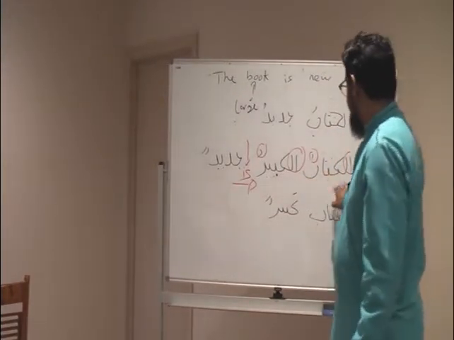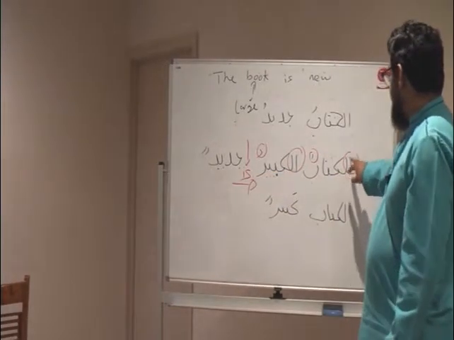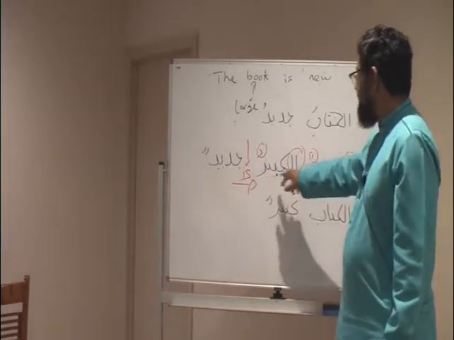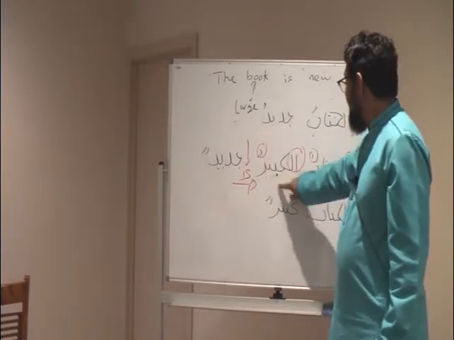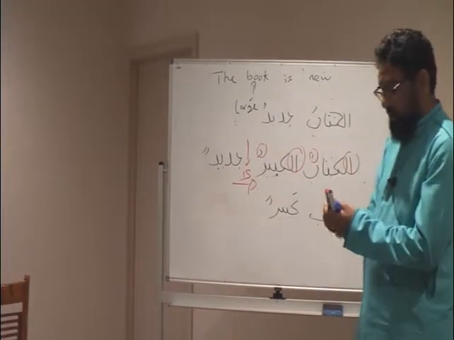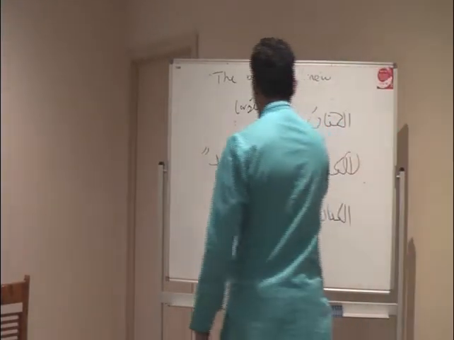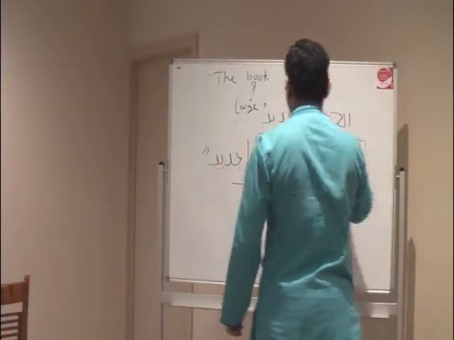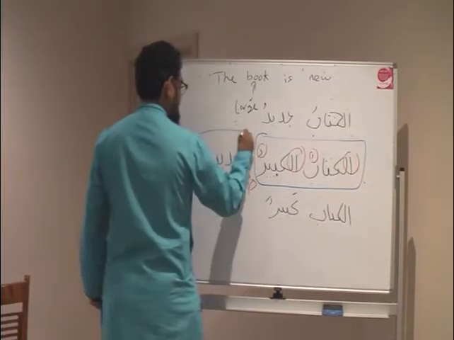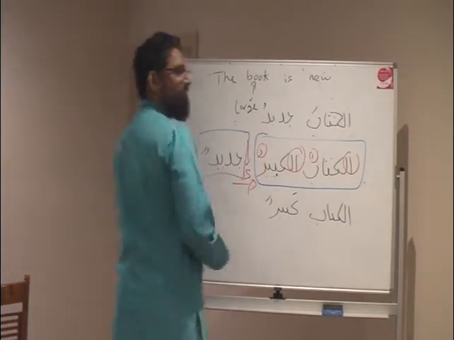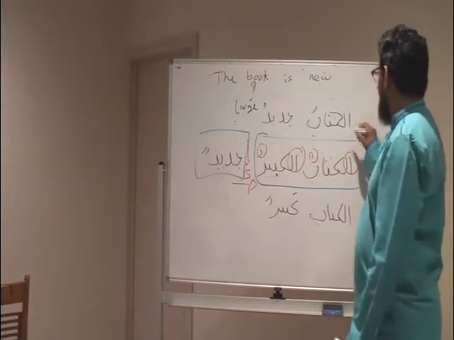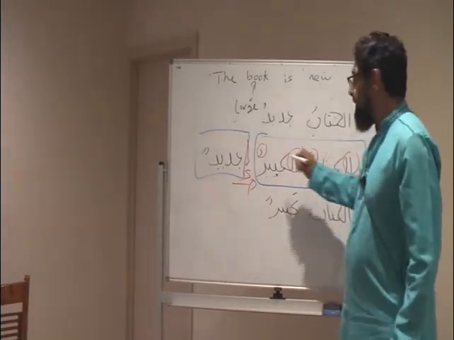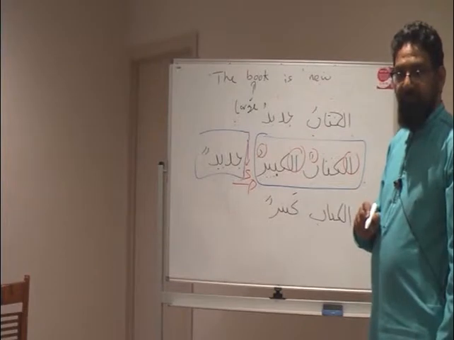In this example, al-kitabu al-kabiru is a phrase relationship, and that whole thing is the mubtada, and jadidun is just the khabar. So now you have two words that make up the mubtada, where there was just one, because there's a phrase relationship within the mubtada.